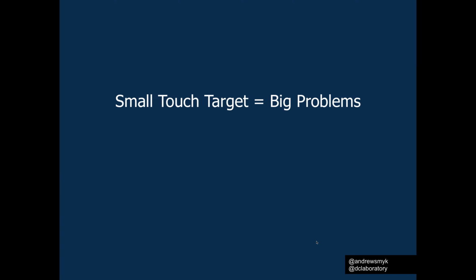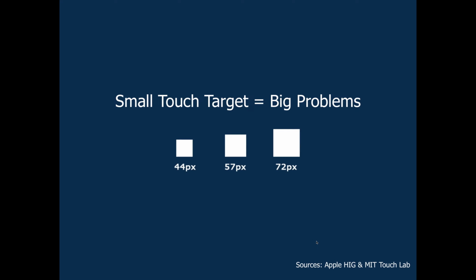So small touch targets equals big problems. This is something from the Apple HIG as well as the MIT Touch Lab. So if we design buttons that are 44 pixels, 57 pixels, and 72 pixels. Now, 44 pixels is basically the fingertip width of the average adult. 57 pixels is the finger pad area for adults.